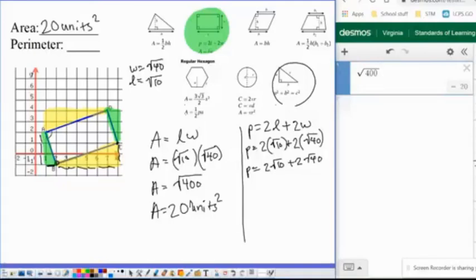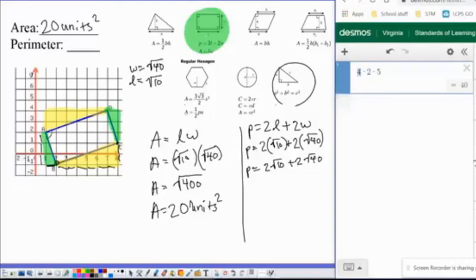Now I'm going to show you how to do this with a simplifying radicals way, and then I'm going to show you how you could have just typed that entire line into Desmos calculator and gotten the right answer. So 40 is 2 times 2 is 4 times another 10, which I could break apart with 2 and 5. Okay, so 2 times 2 times 2 times 5. But I could take the square root of, so 2 times 2, I can make that into a perfect square. So 2 times 2 is actually 4.